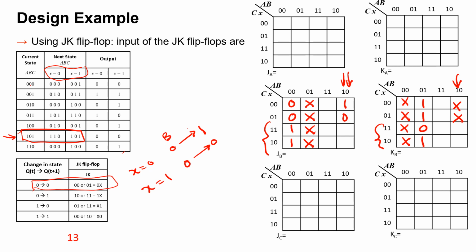In this case, if X is equal to 0, I have a transition on B from 0 to 1. And when X is equal to 1, I have a transition from 0 to 0. 0 to 1 will be 1x, 1x, and transition 0 to 0 will be 0x.